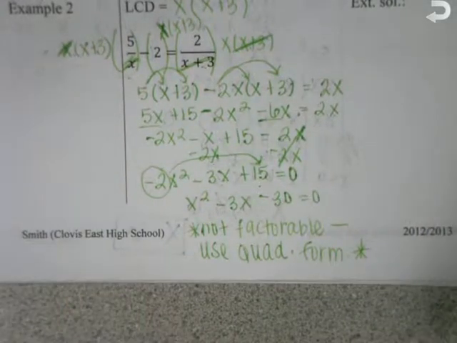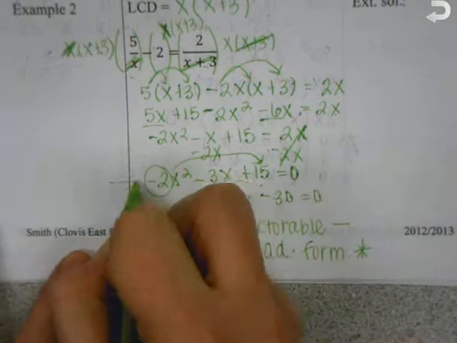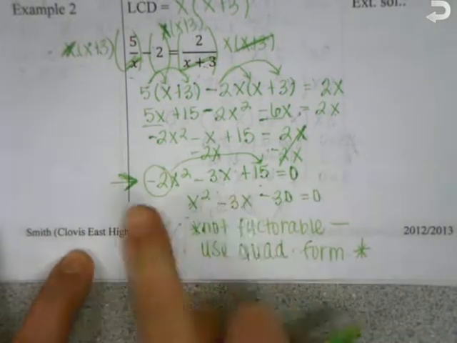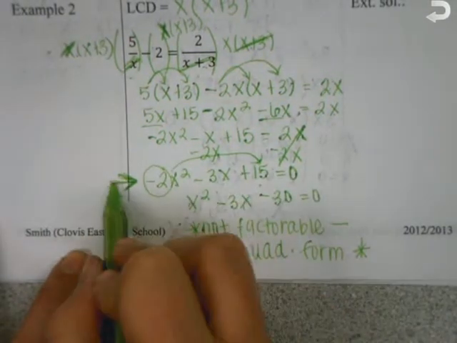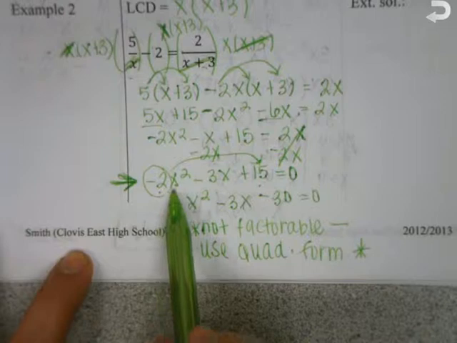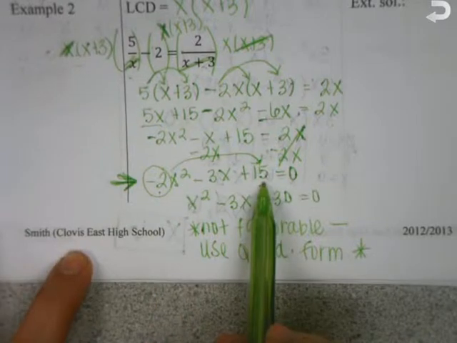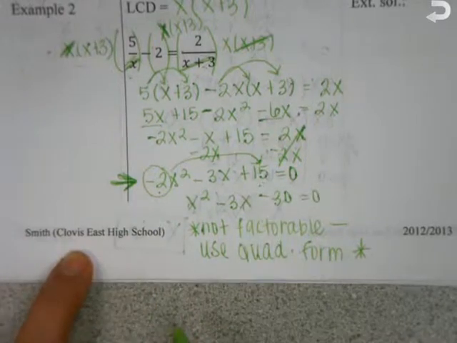So in this problem, you're going to go back to your original equation. So you're going to go back to negative 2x squared minus 3x plus 15. That's your original equation. And we're going to use quadratic formula. Okay?